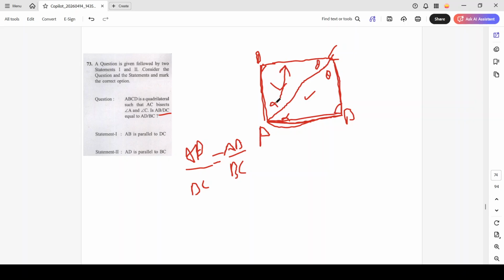If we take alpha, in front of alpha there is CD, and here in front of alpha there is BC. Okay, and here in front of alpha there is AD.